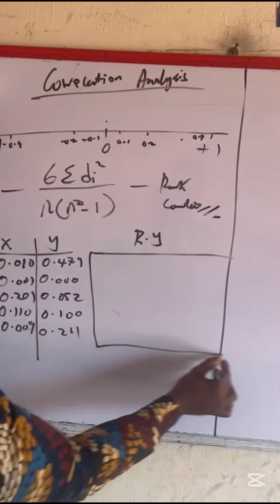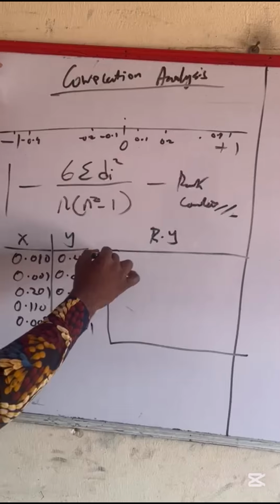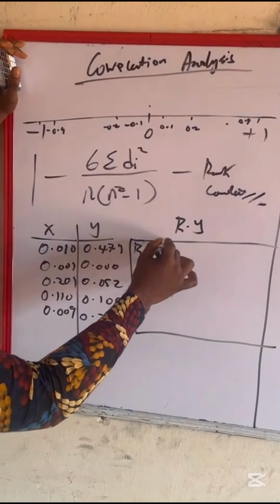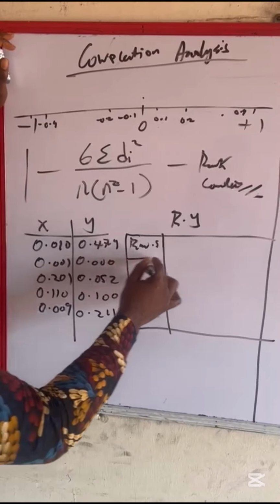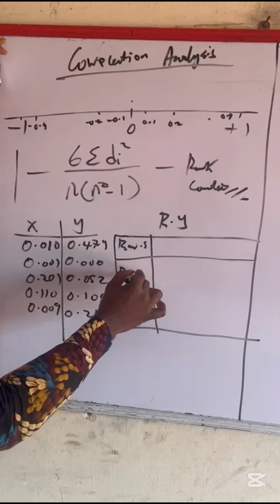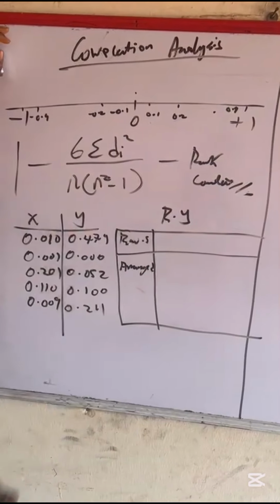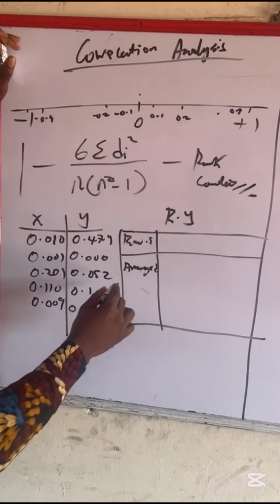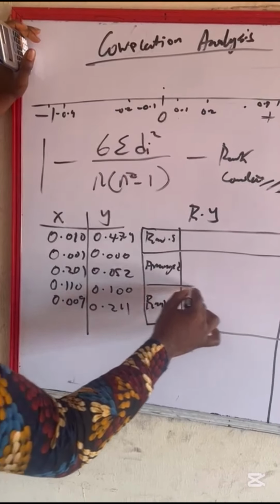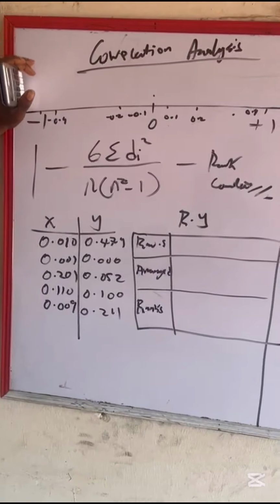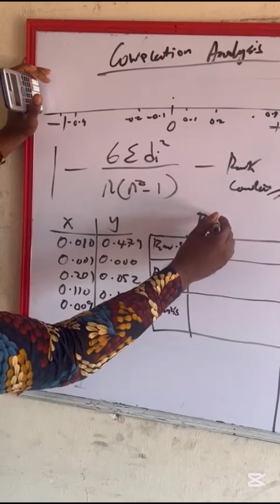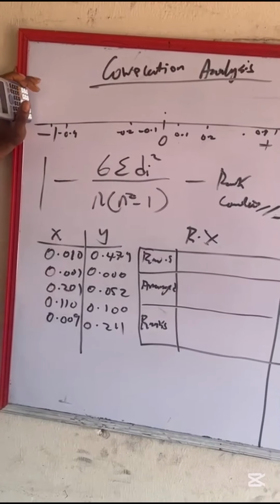Let me just simplify it. You have the raw score, RS. Then you have the arranged. Finally, you have the ranks. So rank of X. Let's first of all rank this one.